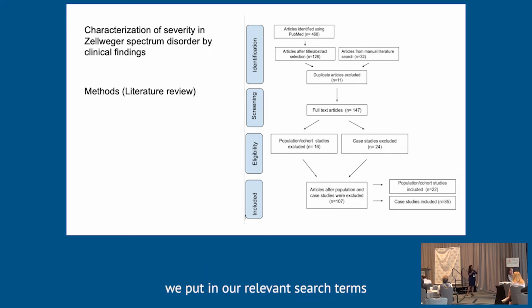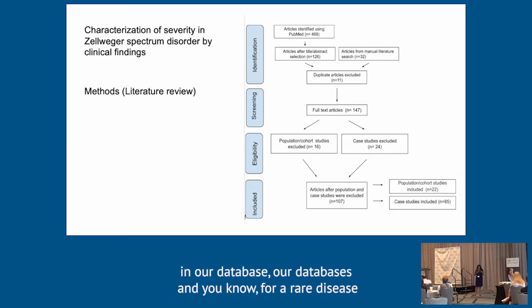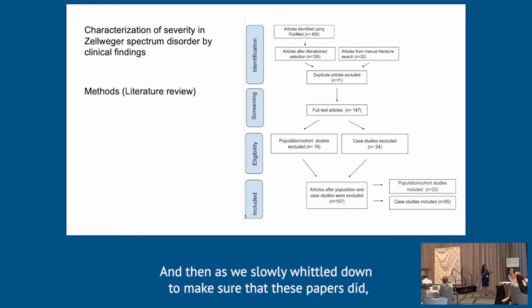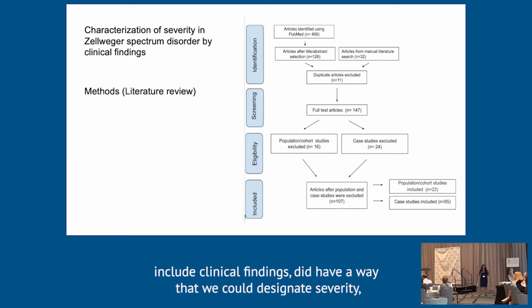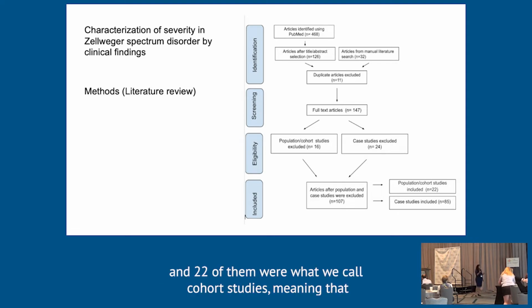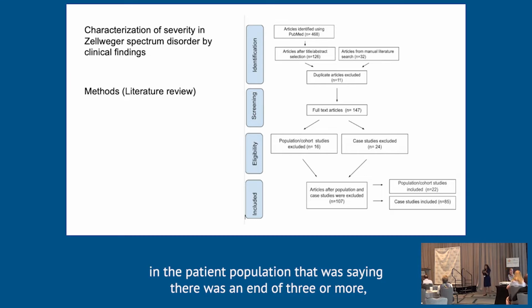So we put in our relevant search terms in our databases, and for a rare disease, when you put in these search terms, you actually get a lot of papers. So we ended up with a little over 450 hits, and then as we slowly whittled down to make sure that these papers did include clinical findings and did have a way that we could designate severity, we ended up with about 107 papers included in this literature review, and 22 of them were what we call cohort studies, meaning that in the patient population that was studied, there was an N of 3 or more.